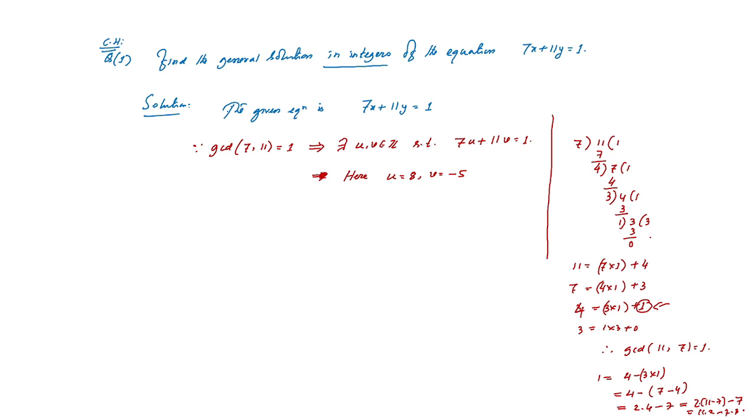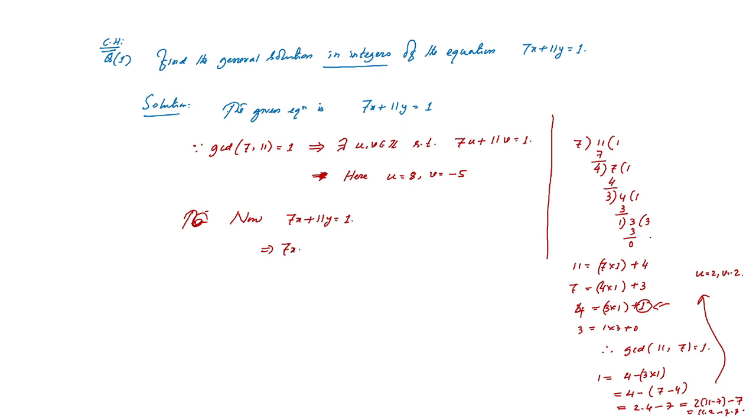Again, you can check here in that case, your u equals to 2 and v equals to minus 3. So this is also the possible solution. Also you can put u equals to 8 and v equals to minus 5. Okay, so now what is exactly given? 7x plus 11y, this is equals to 1.